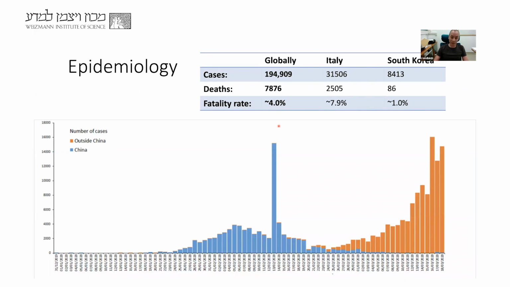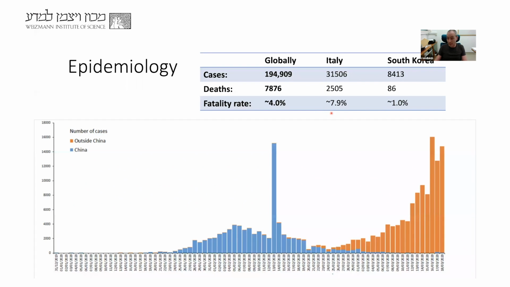But this is an average fatality rate, and we see huge differences if we look at the different countries. So unfortunately, in Italy, we know that the situation is very severe, and the fatality rate in Italy today is almost 8%.